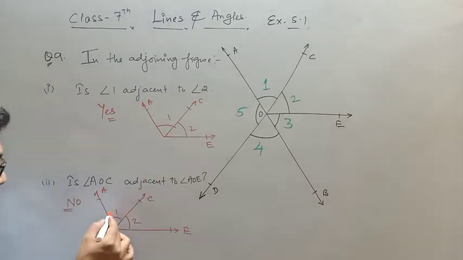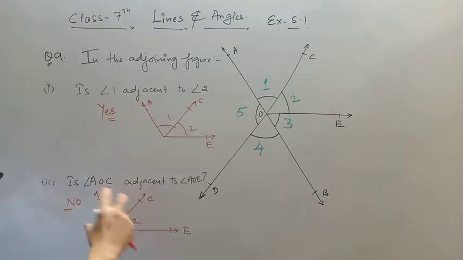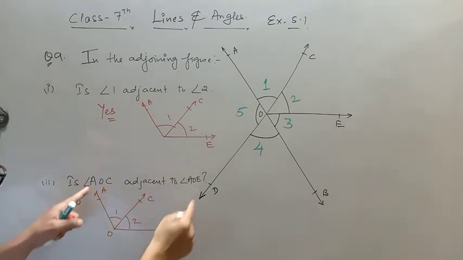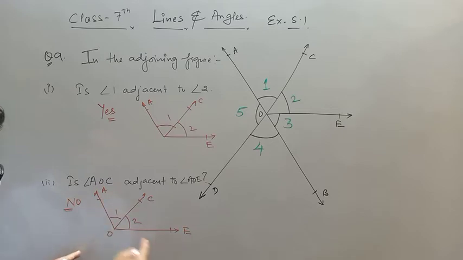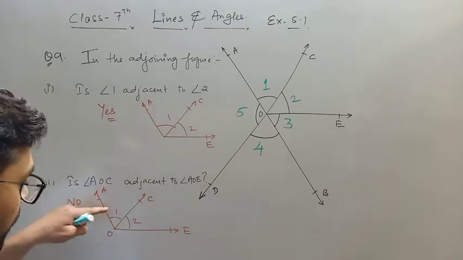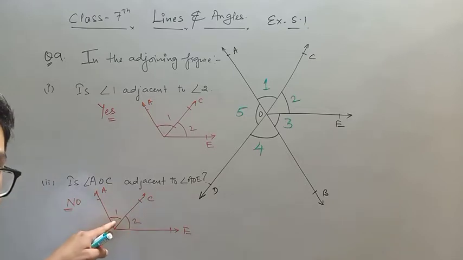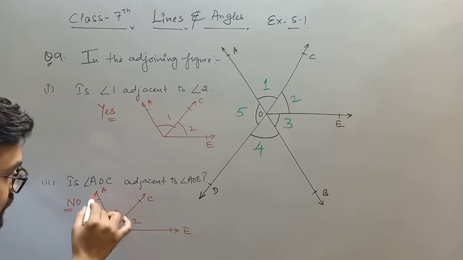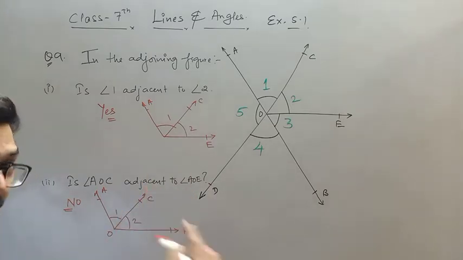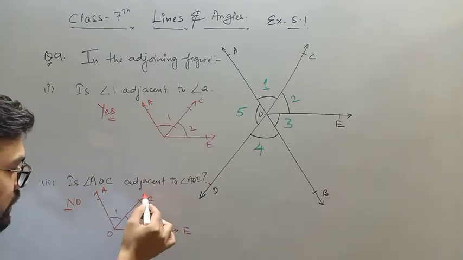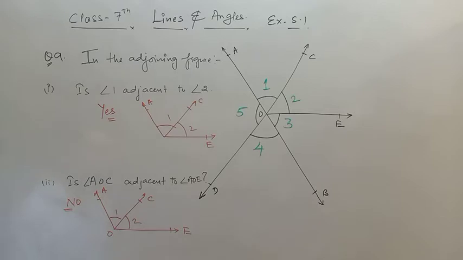No, because this bigger angle AOE consists of AOC, so you cannot say these are adjacent angles, because this complete angle includes angle 1. So AOC is not adjacent to AOE. Rather you can say AOC is adjacent to COE. So the answer is no. Note it down fast.